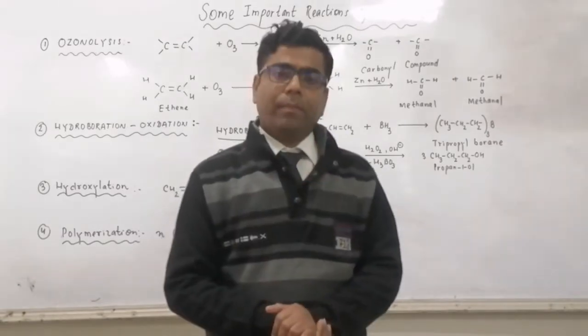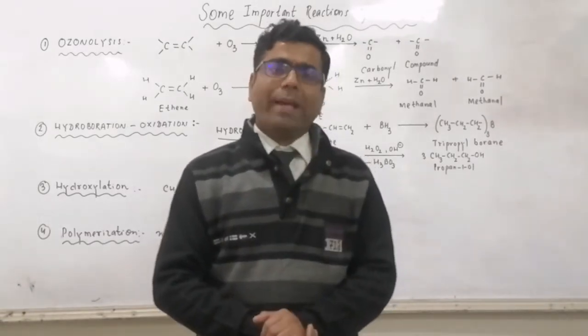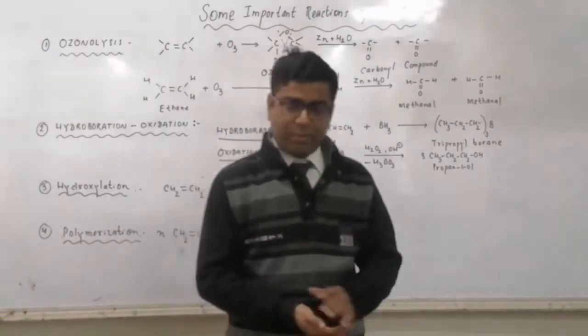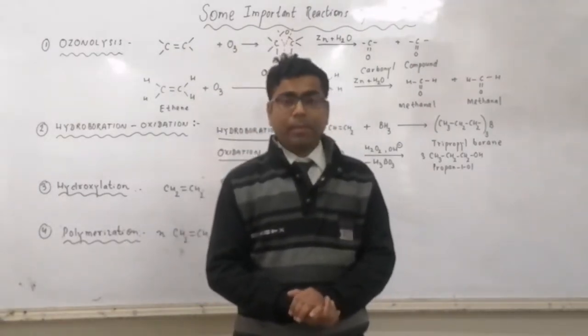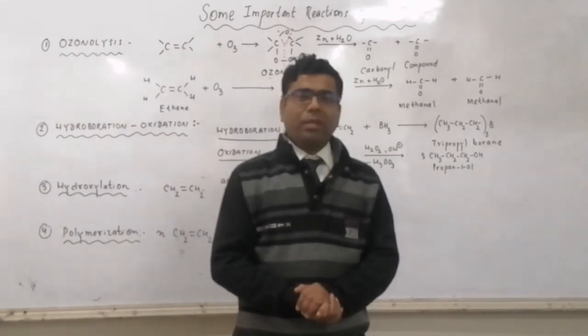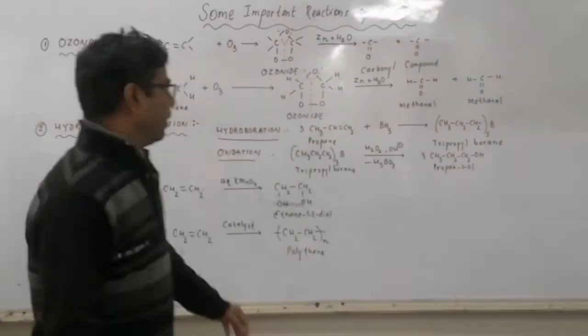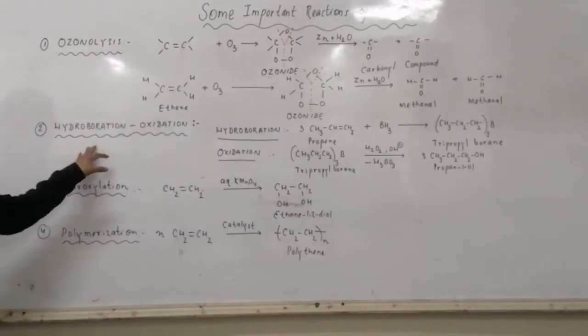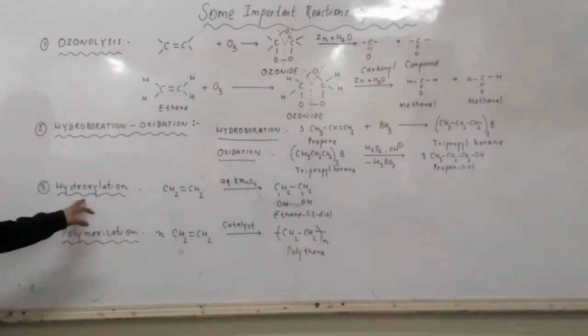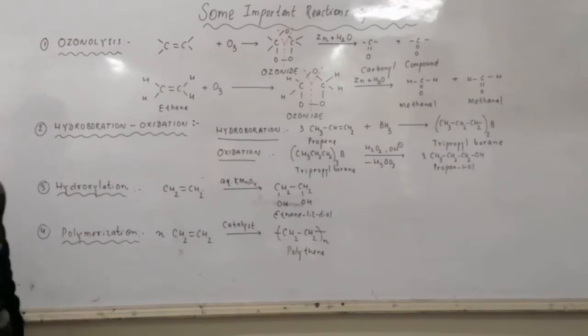Apart from this, alkenes also exhibit some other types of reactions. The most important ones are number 1, ozonolysis, number 2, hydroboration oxidation, number 3, hydroxylation, and number 4 is polymerization.